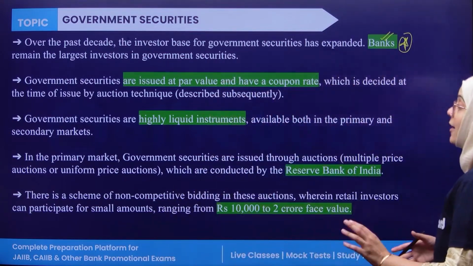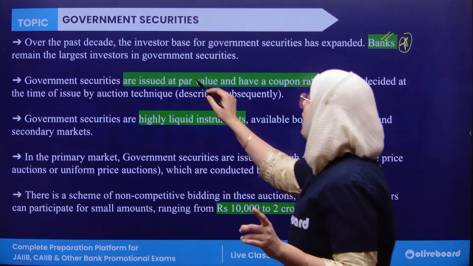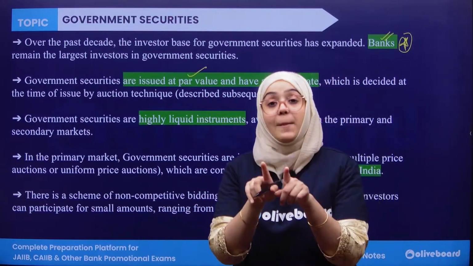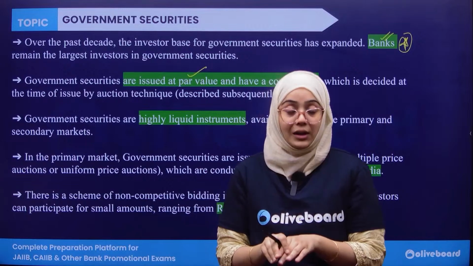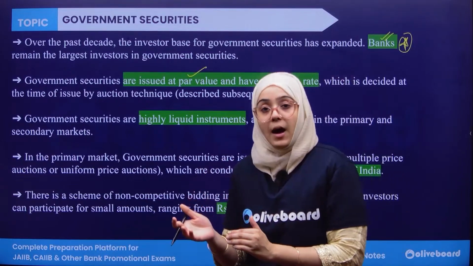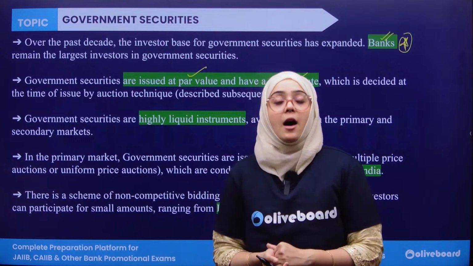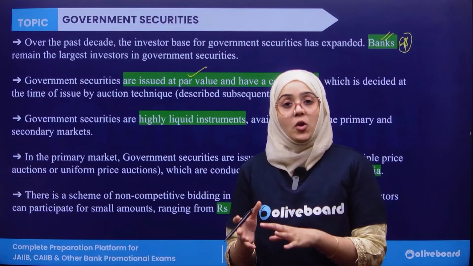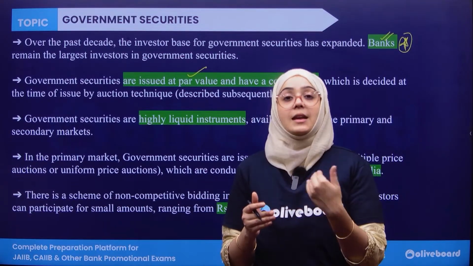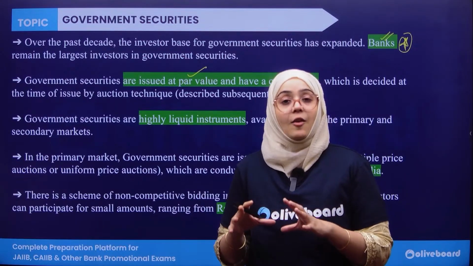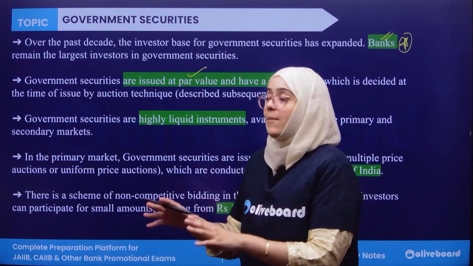Now, government securities are issued at a par value. Par value means whatever value is printed on that government security. It is issued at par, and then you will receive a coupon yearly or on a half-yearly basis. What is the coupon rate? It is the fixed interest rate you will receive for holding this government security till maturity.